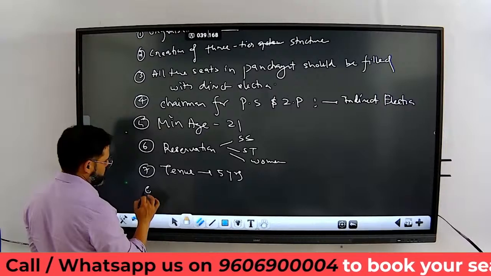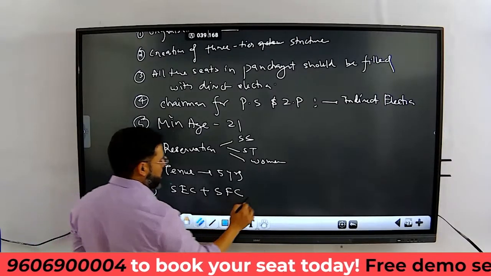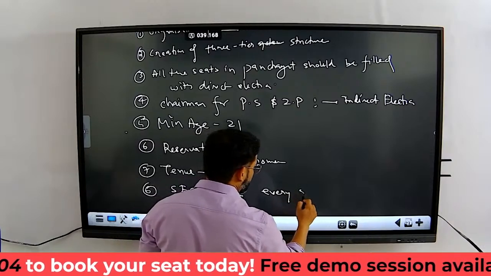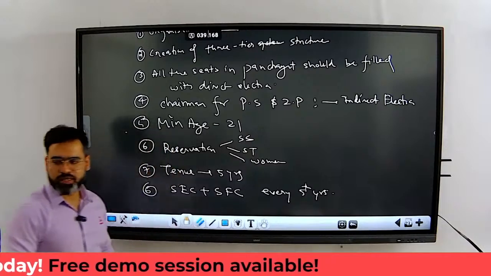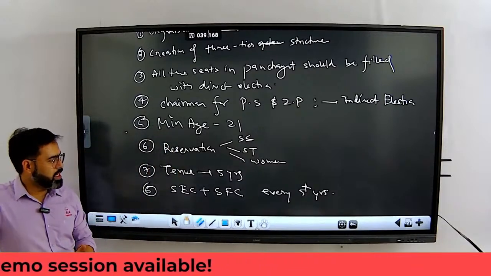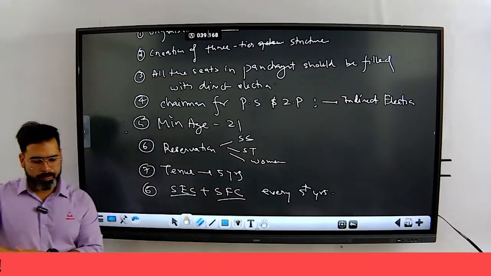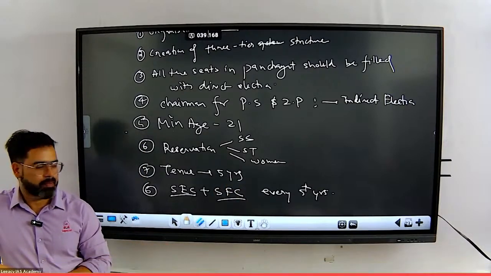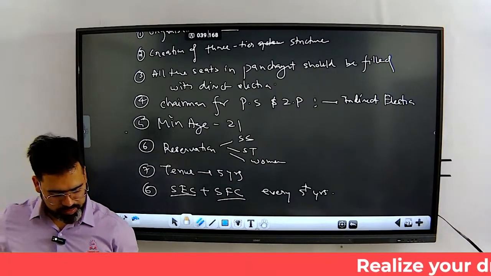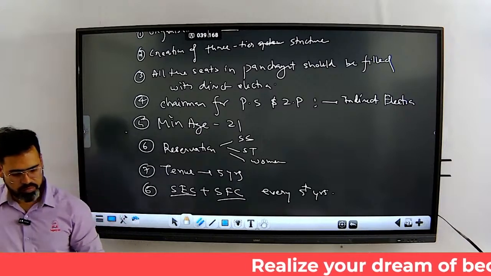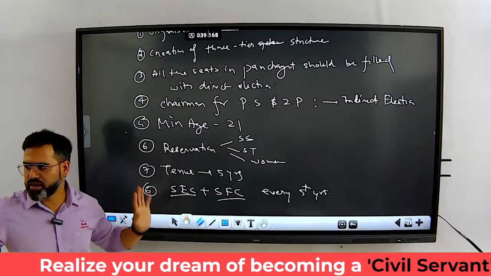Then sixth, State Election Commission plus State Finance Commission every 5 years. This is also compulsory. Every state should have a State Election Commission and a State Finance Commission every 5 years. Clear this? This thing we have already covered.